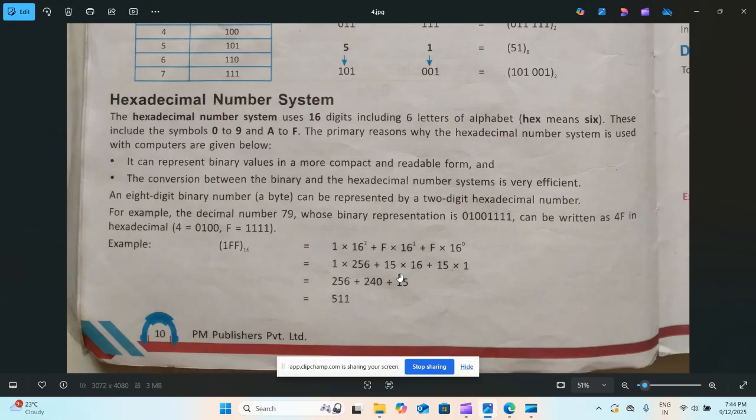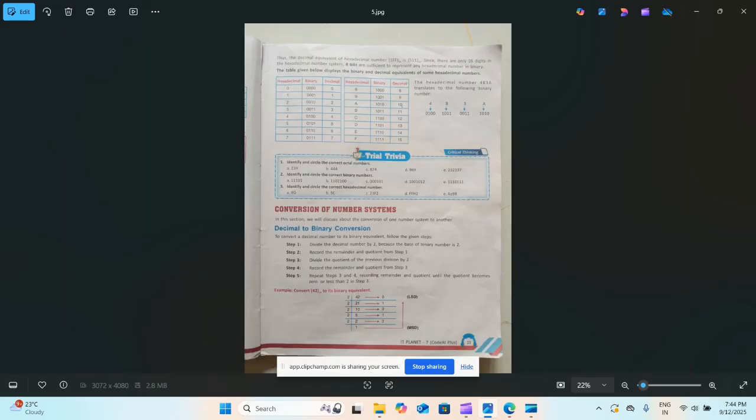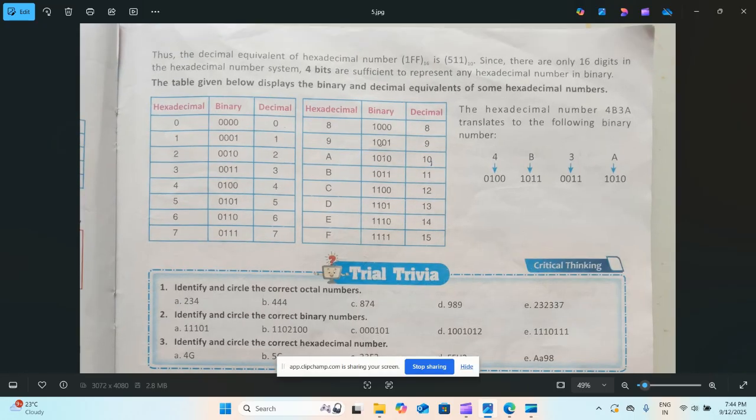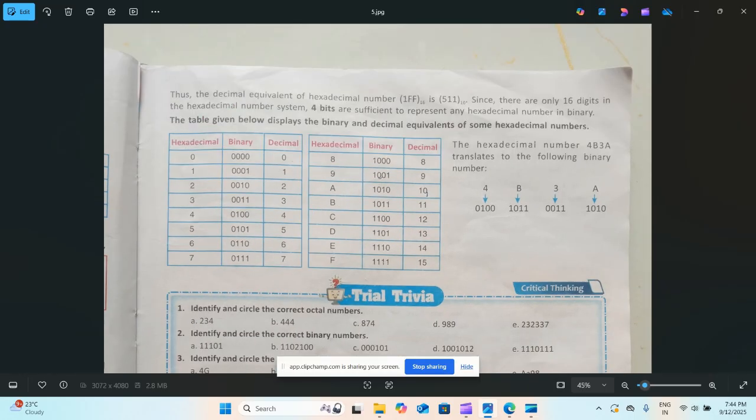F stands for 15, so just change that, find the value and go on adding. I will not do this calculation, you just do this and verify. The basis for conversion is the same. Thus, the decimal equivalent for the hexadecimal number 1FF base 16 is 511 base 10.